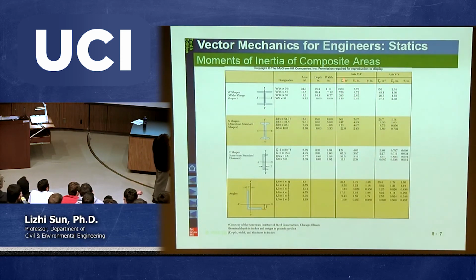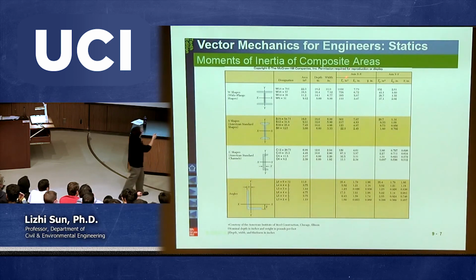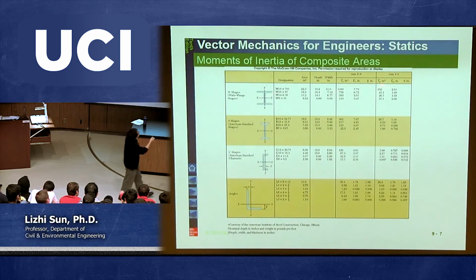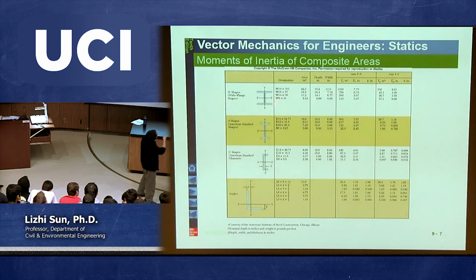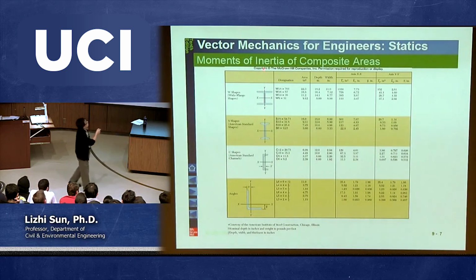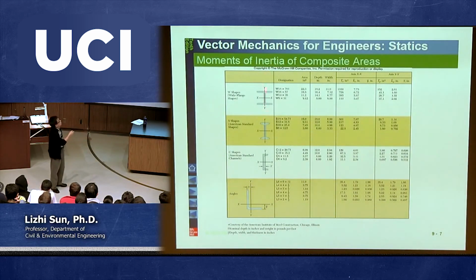This one, Ix bar, means this x-axis passing through the centroid. Similarly for Iy bar, that is the moment of inertia with respect to this one. I did not show you this one. You can think about it, because later on when I have a homework question, I would ask you to calculate both Ix and Iy.